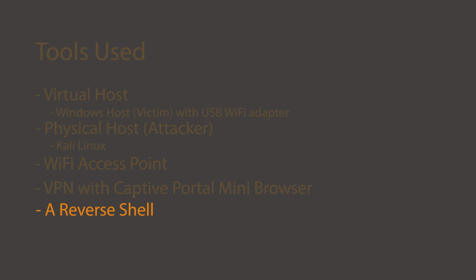Next, our reverse shell, or our code that's going to execute on that host. Without having to exploit any zero days or any vulnerabilities, we are purely going to exploit features and functionality of the captive portal mini browser, and use that with some help of the user to get code execution.